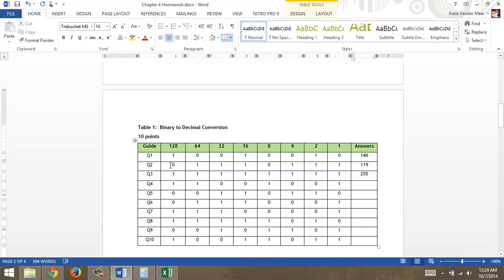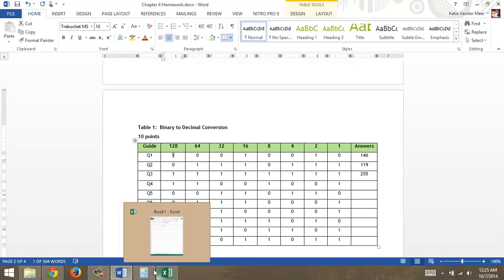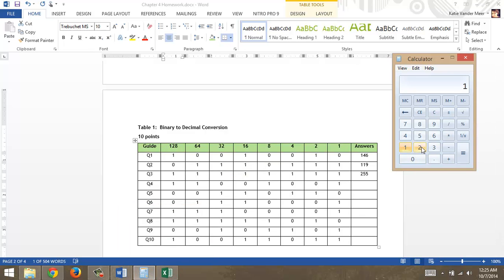So let's look at question 1. The answer is 146. How we got to that is anywhere that there's a 1, we added it up. So 128 plus 16 plus 2 equals 146. We did the same with question 2.